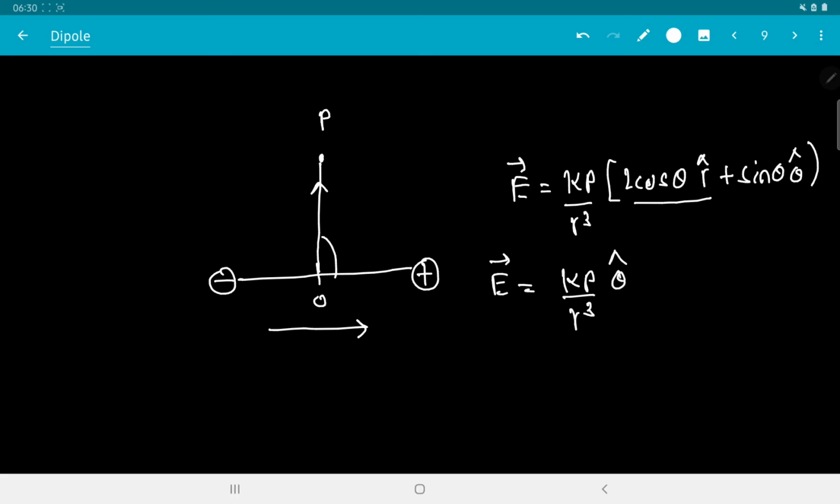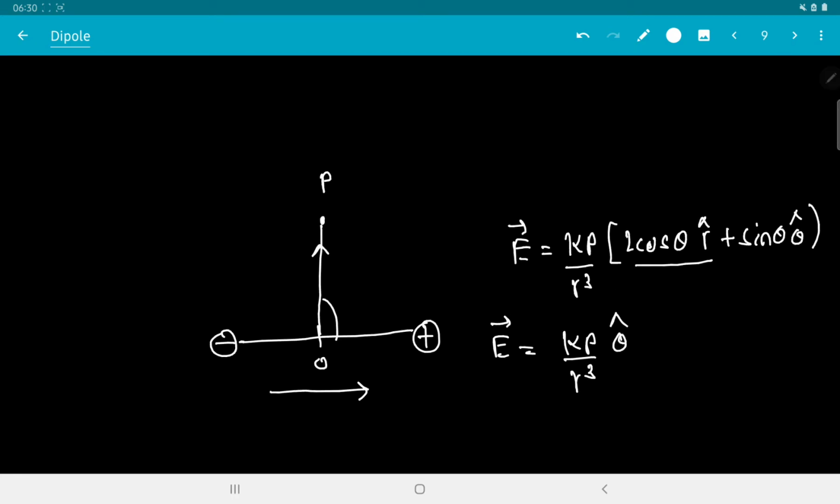Now what is this theta cap direction? See, at the point P, if we take the r cap direction, this is the r cap direction. Theta cap direction is perpendicular to this r cap direction. We are taking in anti-clockwise direction, so this will be the perpendicular direction of the theta cap. So the electric field here will be in theta cap direction.